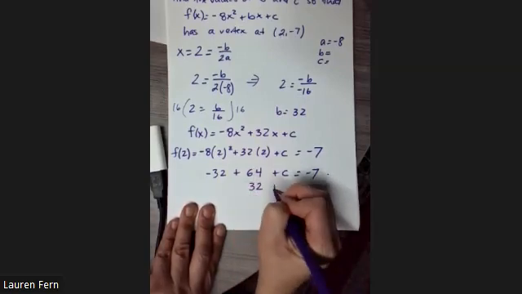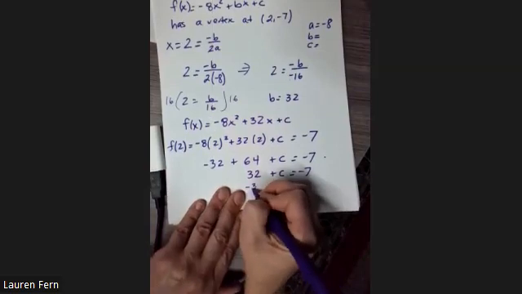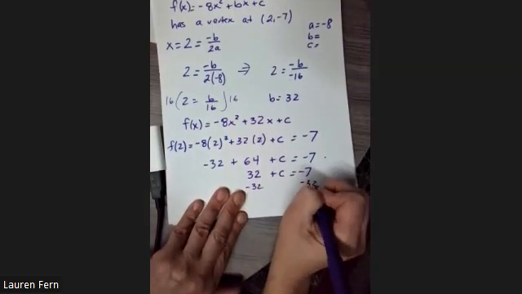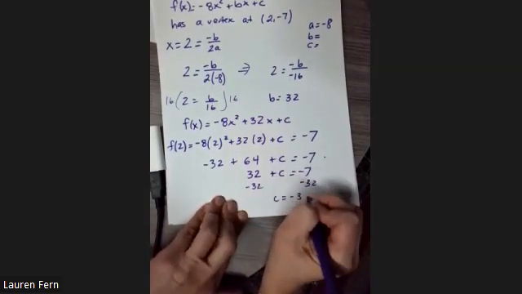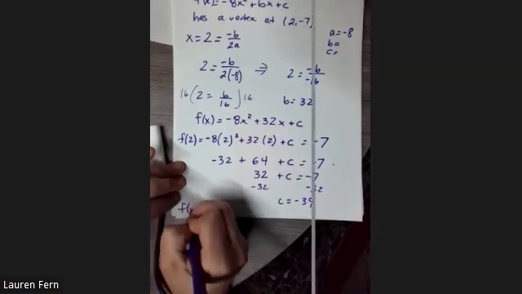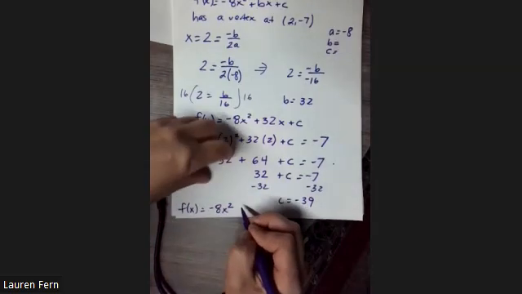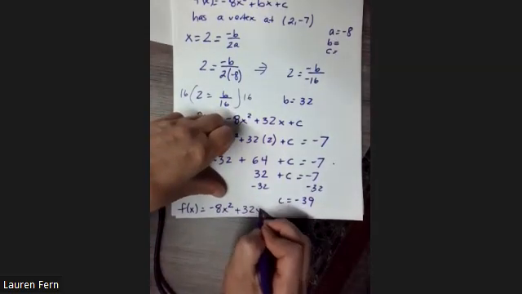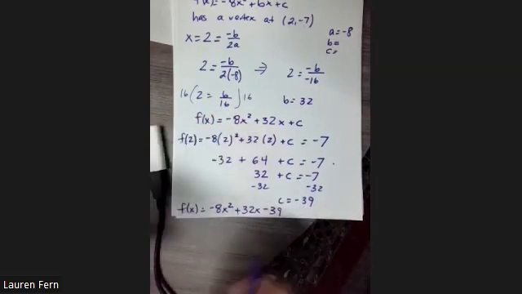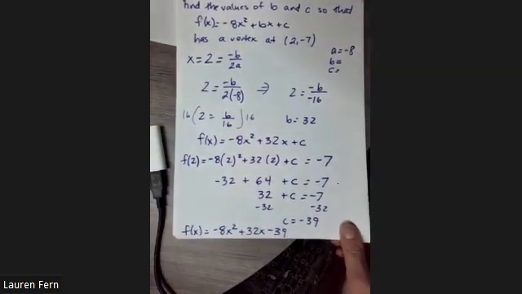So we have 32 plus c is -7. And we can solve for c by subtracting 32 to get c to be -39. So our function is -8x squared plus 32x minus 39. All right.